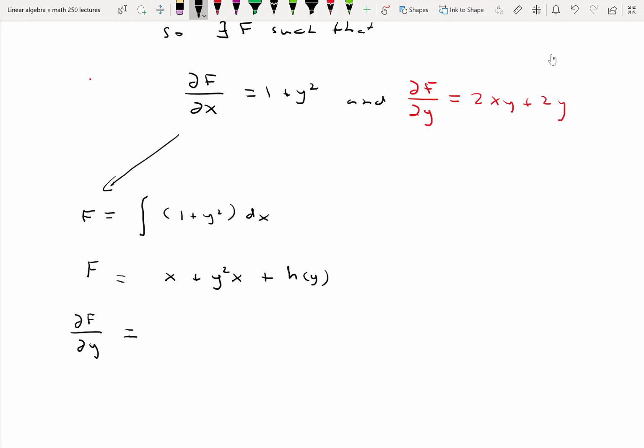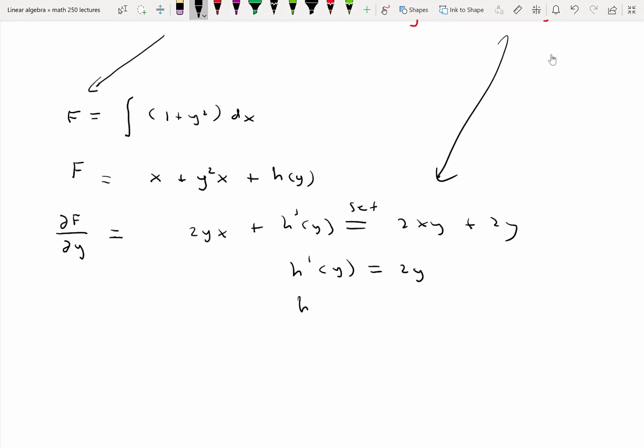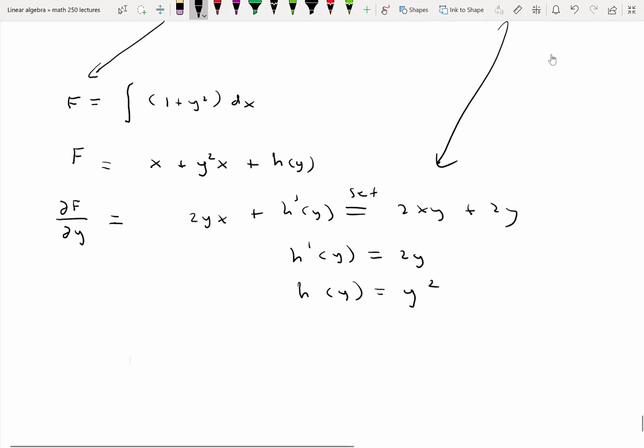So the derivative with respect to y of x is 0. The derivative of y² is 2y, times x since x is constant, plus h'(y). And that must equal 2xy + 2y. So h'(y) equals 2y. Integrate that with respect to y, and you get h(y) = y².